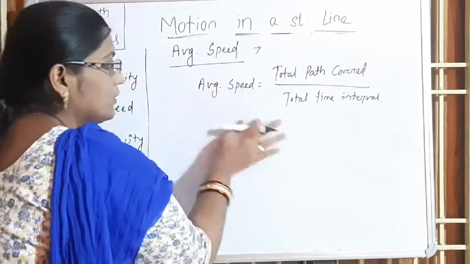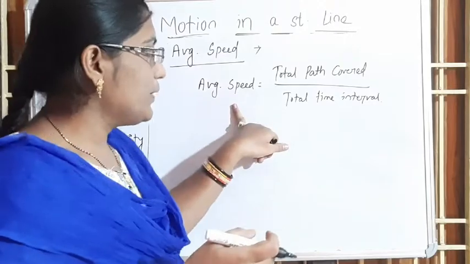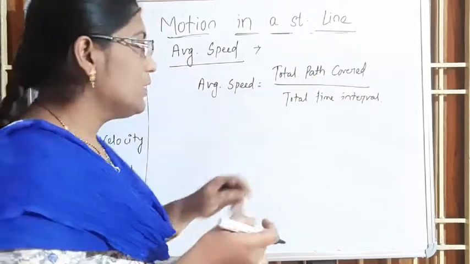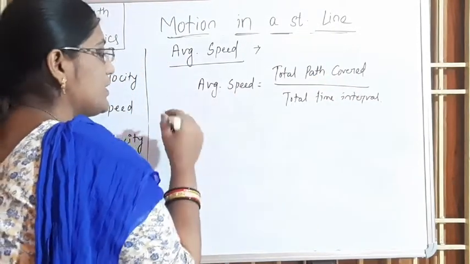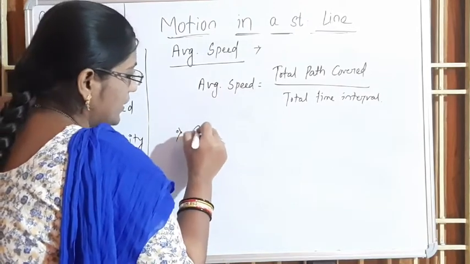So, as you know, it depends on the path covered, which is a scalar quantity. Average speed is also a scalar quantity.